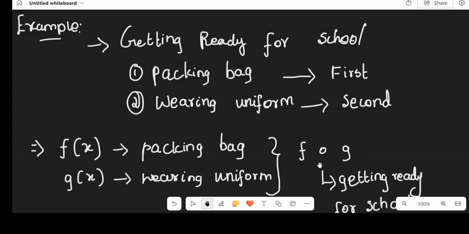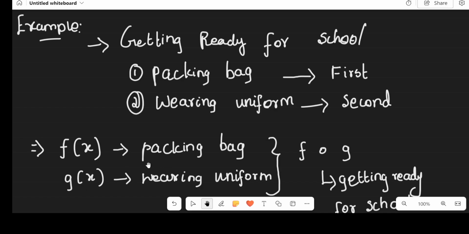Here the task is getting ready for the school. Getting ready for the school represents f of g. F of g is the task, and f of x and g of x are the two functions that are given. You have to apply the second function, that is g of x, first.